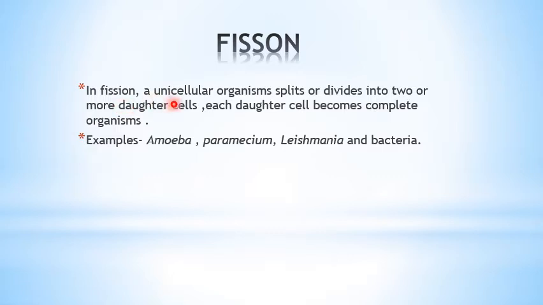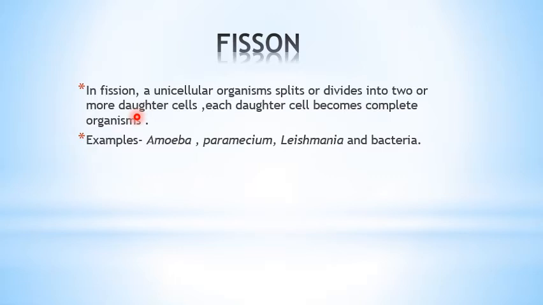A unicellular organism splits or divides into two or more daughter cells, and each daughter cell becomes a complete organism.